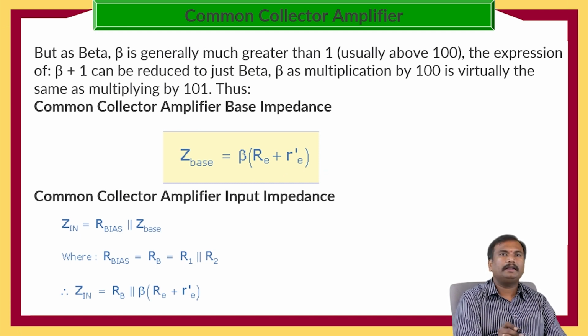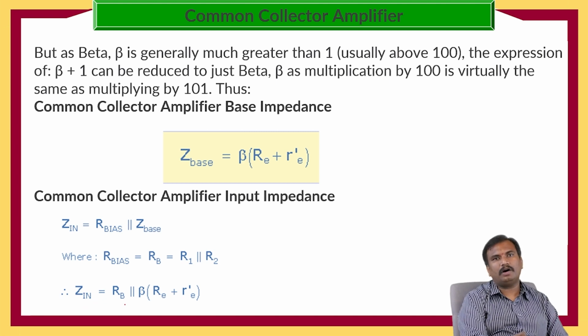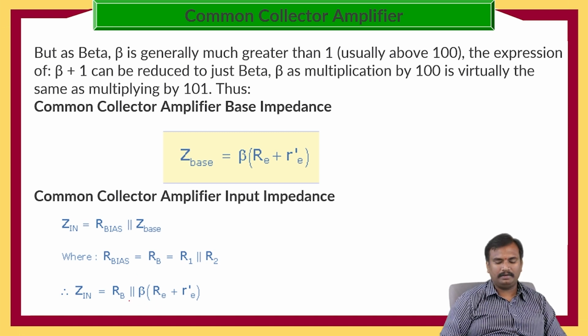Now the common collector amplifier input impedance Z input is equal to R bias in parallel with Z base, where R bias is equal to R1 in parallel with R2, where Z input is equal to RB into beta into RE plus RE dash. These two are in parallel.